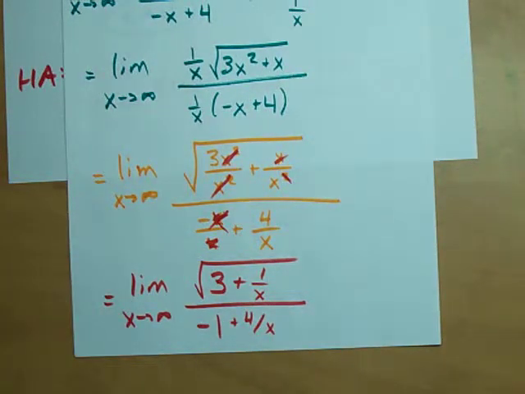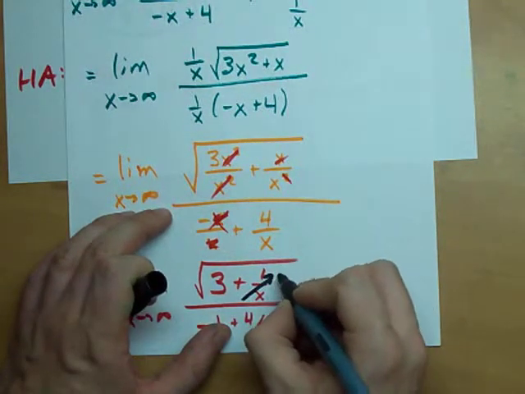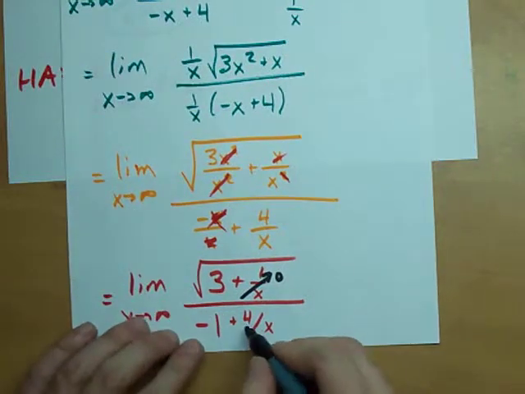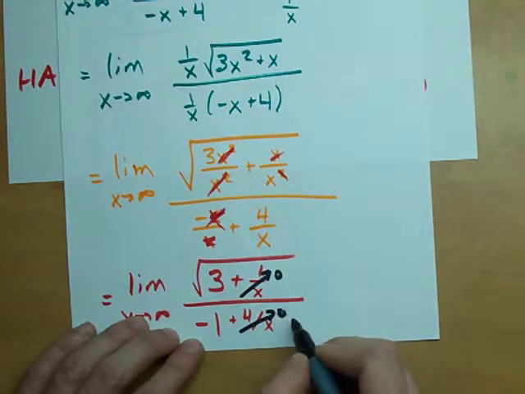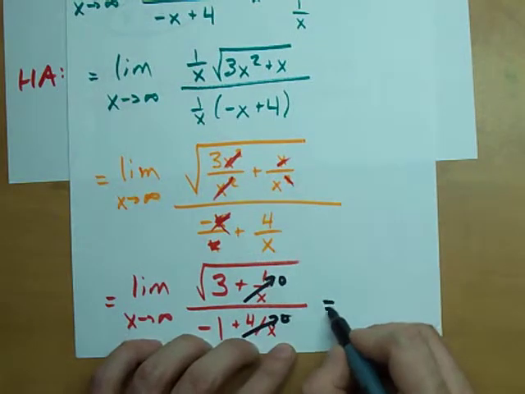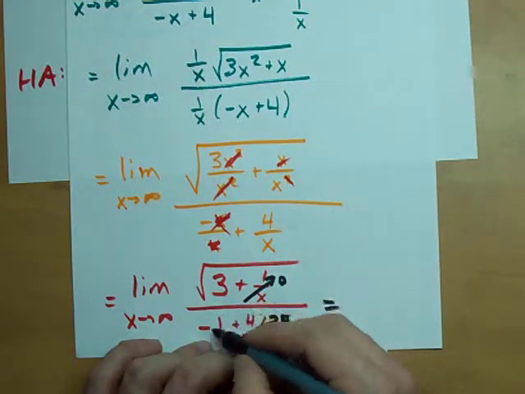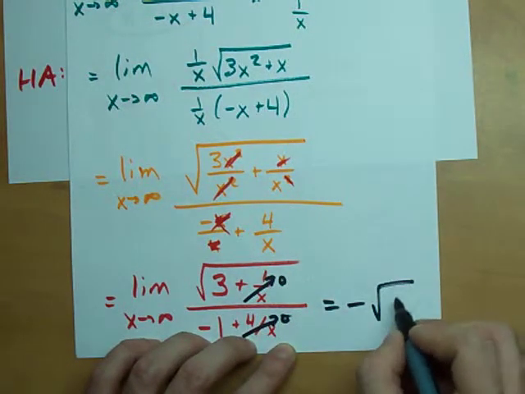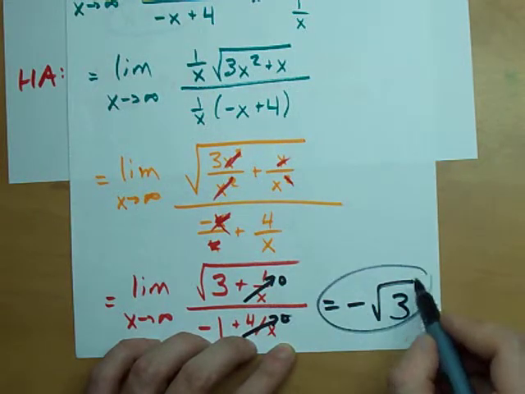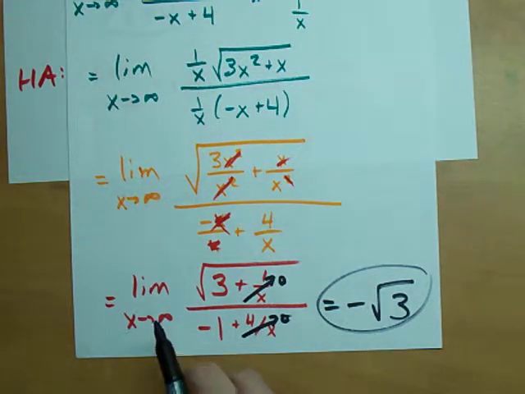This is significant because as x approaches infinity, 1 over x tends towards 0, and 4 over x tends towards 0. So that means the limit itself is the square root of 3 over negative 1, which is negative root 3. So the horizontal asymptote in the positive x direction is negative root 3.